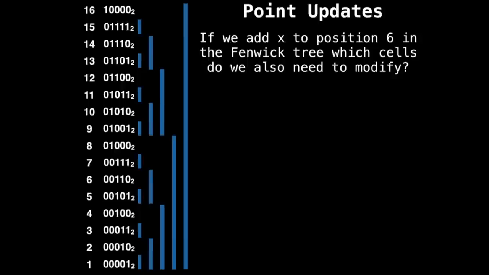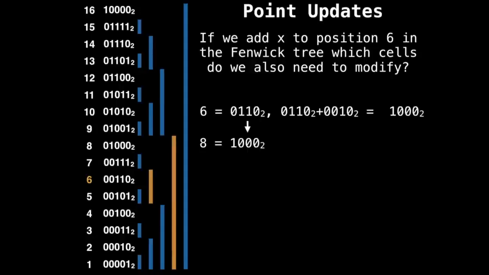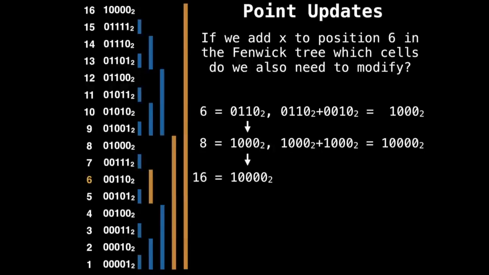Okay, so if we want to add some constant x at position 6 in the Fenwick tree, which cells do I need to modify? We start with 6, find the least significant bit of 6 and add it to 6, so we get 8. Now find the least significant bit of 8 and add it to 8, so we get 16.